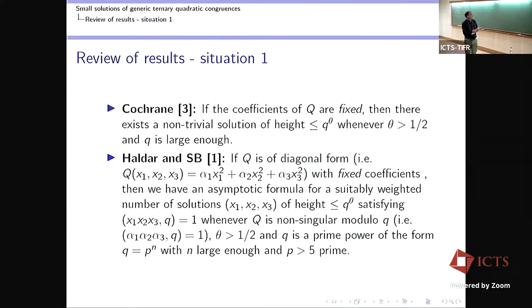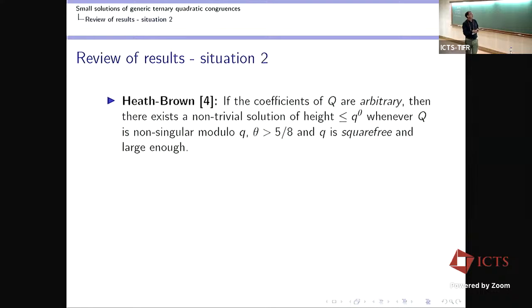Okay, so let's see. Yeah, so that's an interesting result which inspired the work on this problem, or at least partly. Heath-Brown showed for the kind of opposite case when the modulus is square-free, the existence of a non-trivial solution of height Q to the theta whenever theta is greater than 5/8.